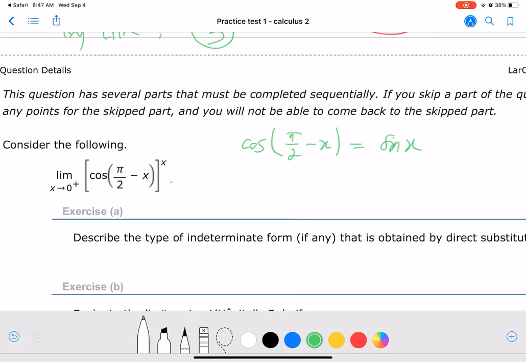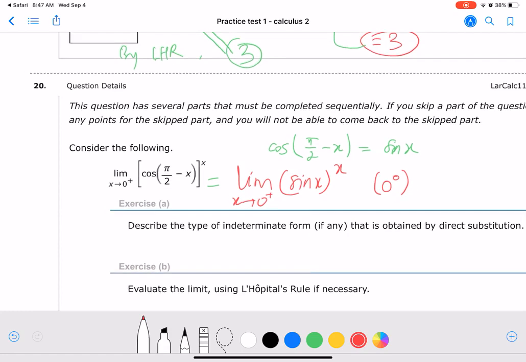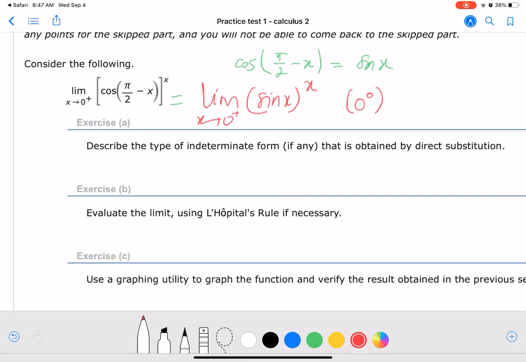So your limit is nothing but the limit of sine x to the x, as x goes to 0 from the right. And this limit has the form 0 to the 0. When you plug 0 into this function, you get 0 to the 0. You know, and we solved one problem like that in this video.